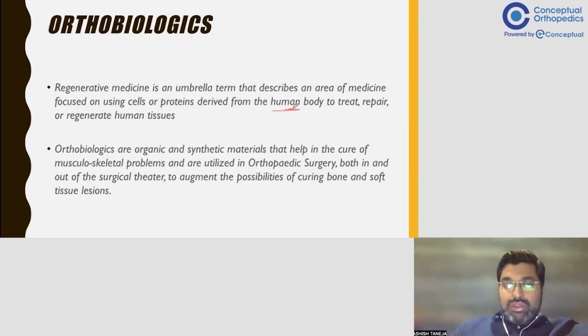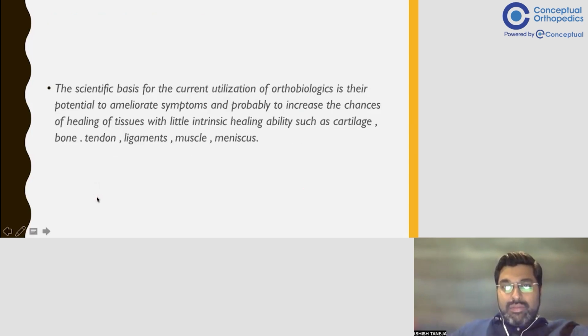That is what regenerative medicine means. And orthobiologics are some things which we use. They can be organic, that is produced from the body, or synthetic, that can help in cure of musculoskeletal problems and are utilized both in and out of the theater to augment the possibilities of curing bone and soft tissue lesions. So that's what orthobiologics are defined as.